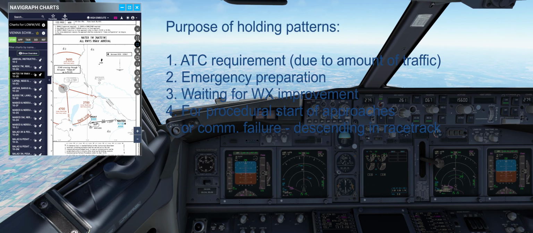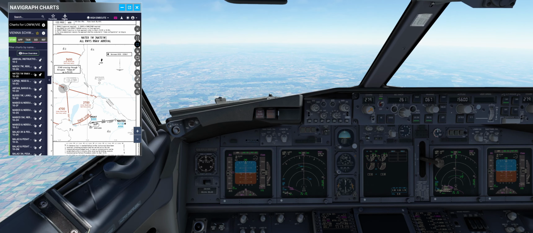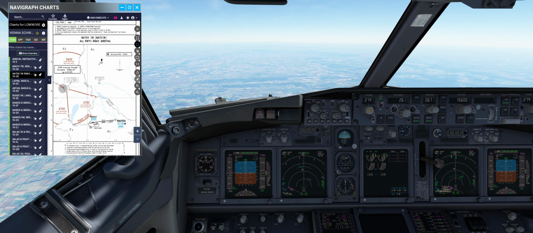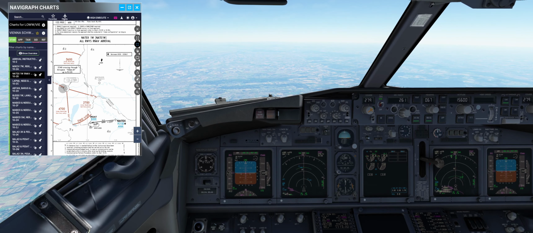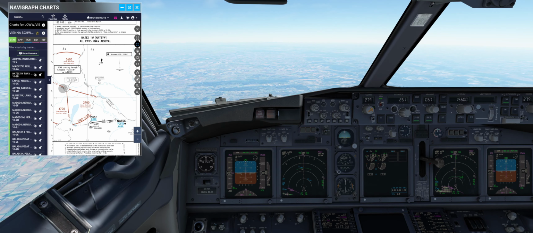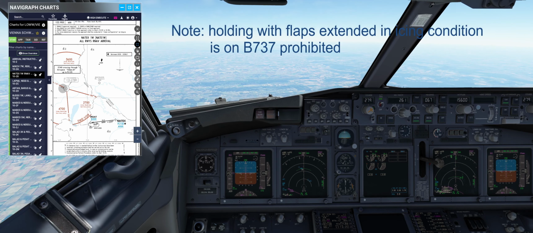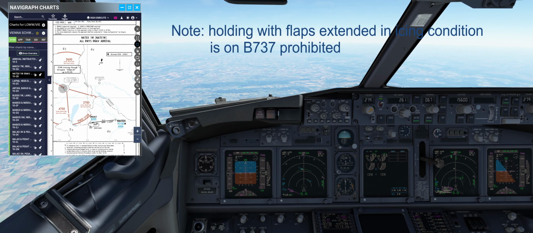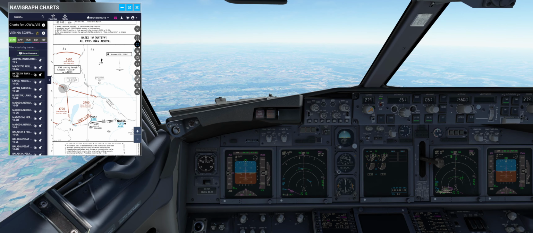But anyway, the purpose of establishing the holding is that the air traffic controller, for example, if they are busy and they have a lot of traffic, puts you into the holding, and once they have less traffic, or the sequence is quite okay for them, then you can leave your holding and go for approach and landing. So this is one of the purposes of the holding pattern.